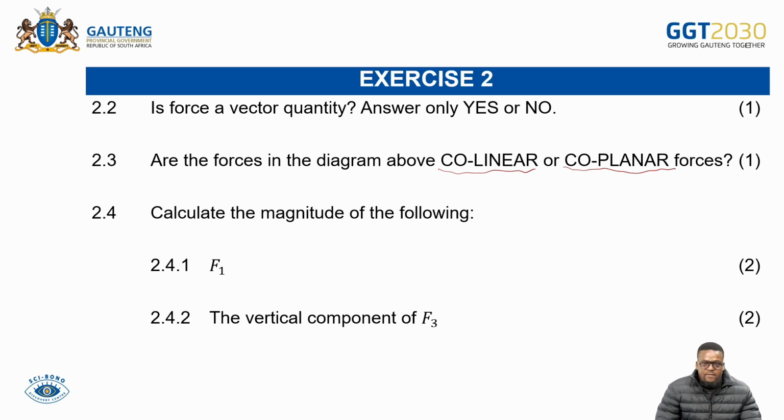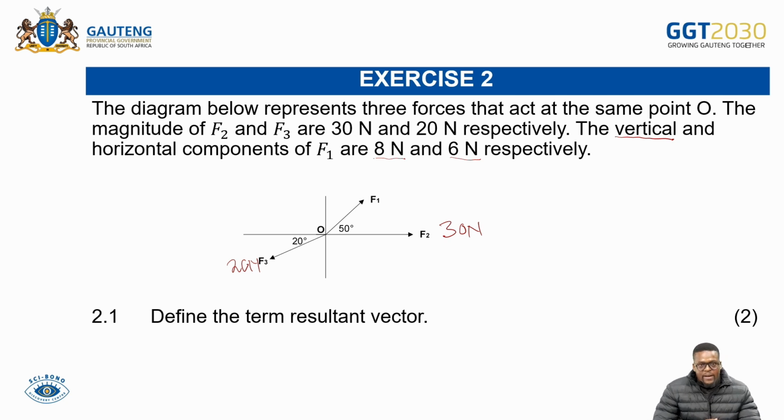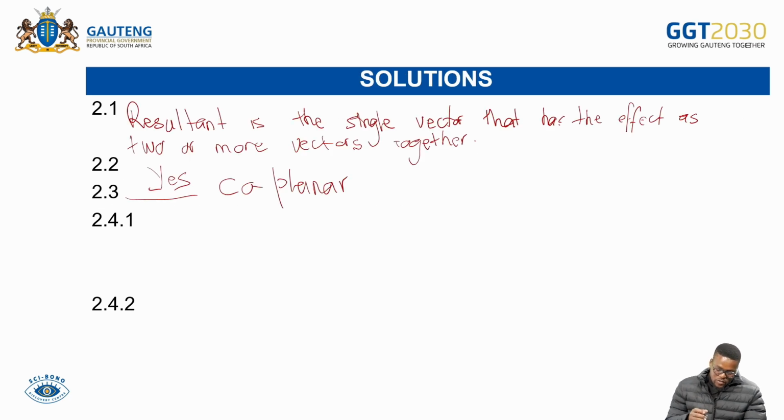So the answer for 2.3 is coplanar. And then calculate the magnitude of the following. If you are calculating the magnitude of F1, they're simply saying find the size of F1. How can you find F1? We don't know the value of F1, which is the one that you are looking for, but what do we know? We know the X component and the Y component, right? The vertical component is 8 newtons. So you write your equation for the vertical component, which is Fy is equal to F sine theta.